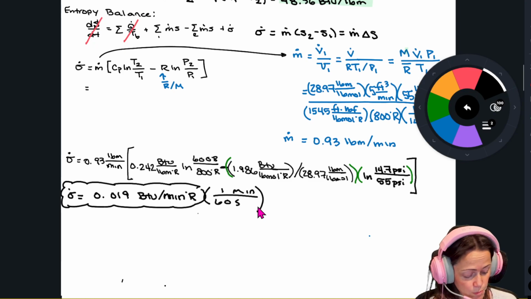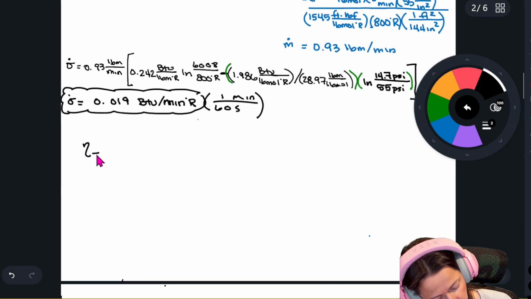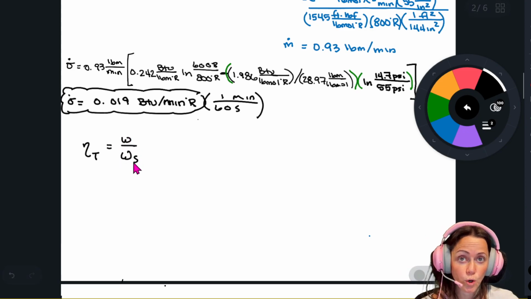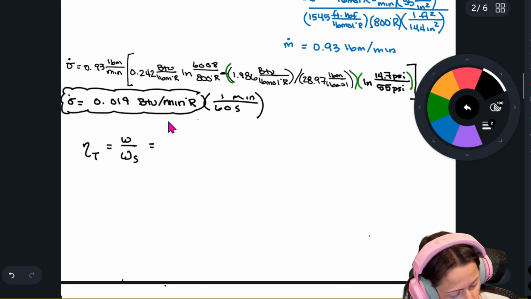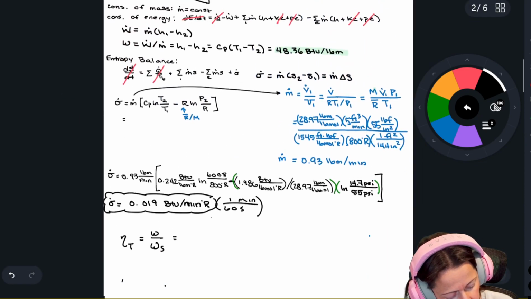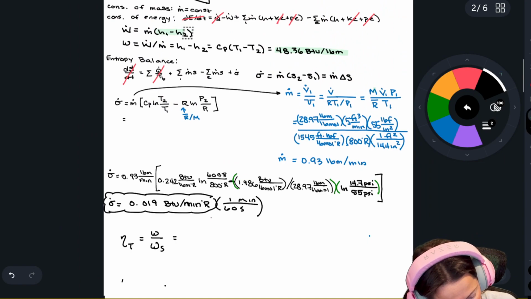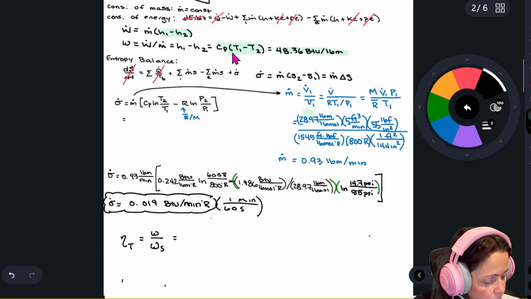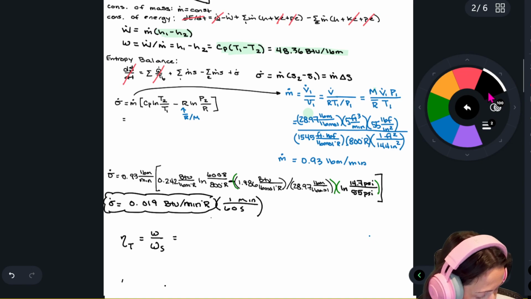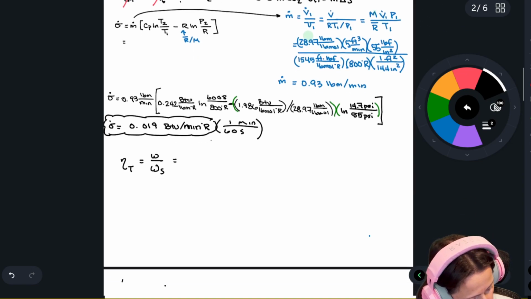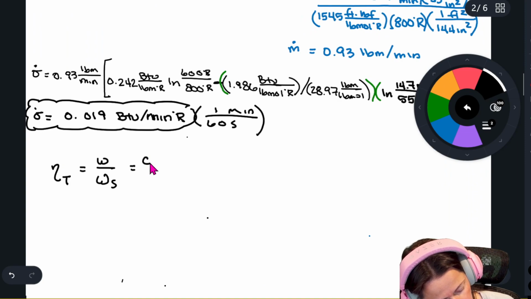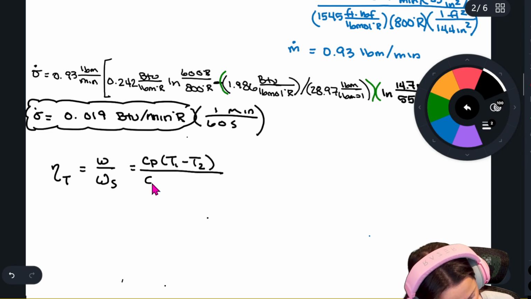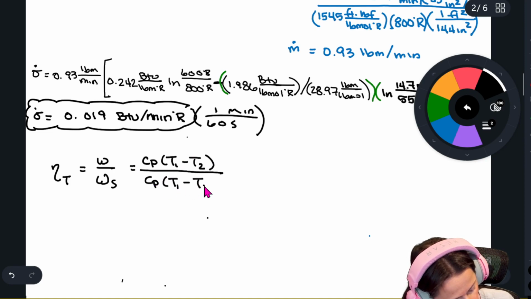The very last thing that we're supposed to do is find the isentropic efficiency of this turbine, defined by work over isentropic work, which we know from our first law is H1 minus H2, and we put that in terms of Cp delta T. So on the top I'll have Cp times T1 minus T2, over Cp times T1 minus T2S.